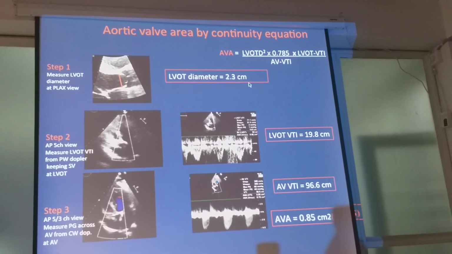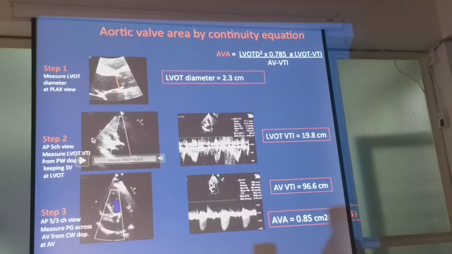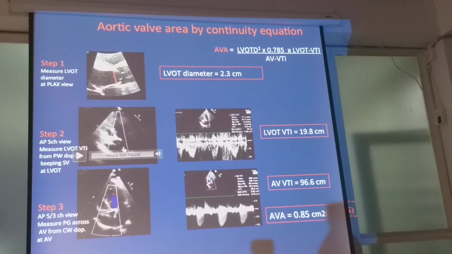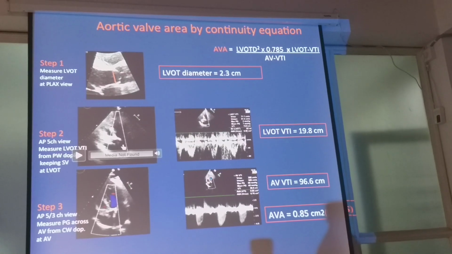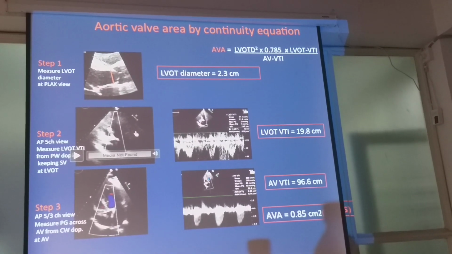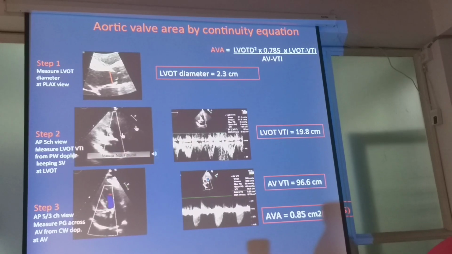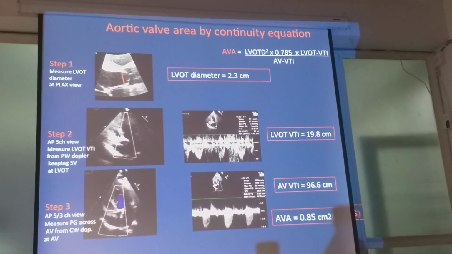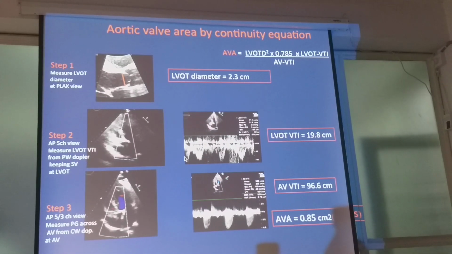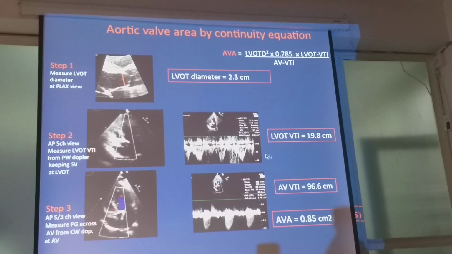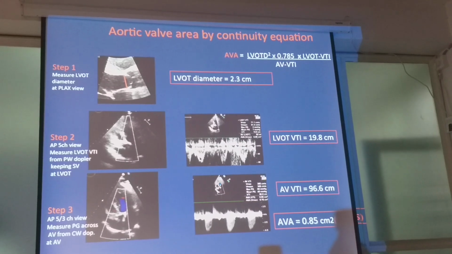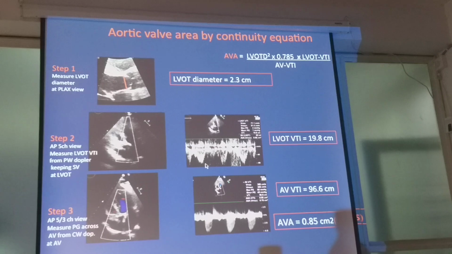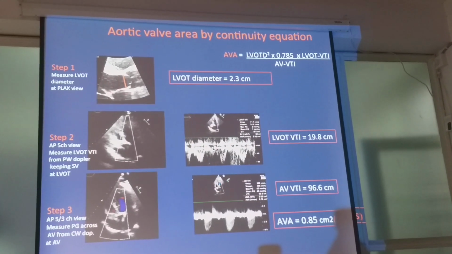Step 1, শেষ। Step 2, you go to the apical 5 chamber. Apical 5 chamber, put the color flow and then color flow যেই দেবে LVOT দিয়ে ব্লাড যাচ্ছে aortic valve দিয়ে, aortic valve এর থেকে উপরে inside the LV cavity, LVOT যেটা, ওখানে স্যাম্পল ভলিউম বসিয়ে পালস ওয়েভ ডপলার করতে হবে। সো LVOT পালস ওয়েভ ডপলার, অ্যান্ড দেন ইউ মেজার দ্য VTI। যে কোনো VTI মেজার করতে হলে ট্রেস করতে হয়। What is VTI?